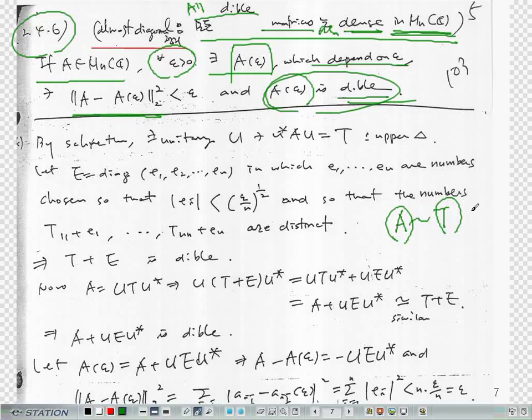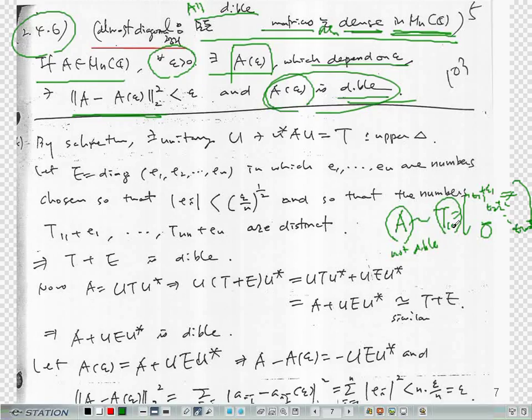In that case, if A is not diagonalizable, we may just add some epsilon to T11, T22, up to Tn n to make them distinct.